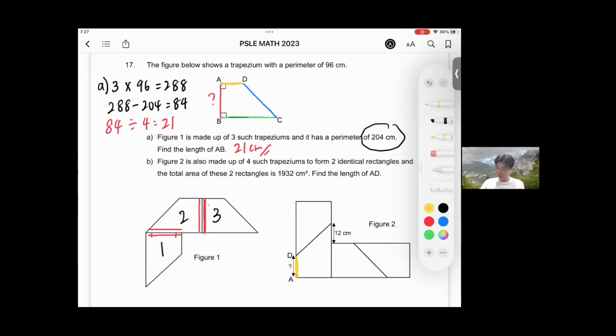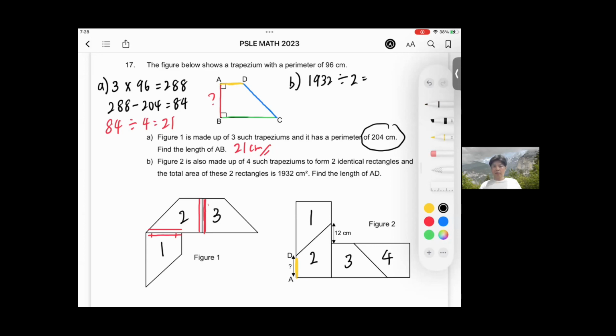Okay, so we have also another AD here. Maybe I should number off the trapeziums again. This is trapezium 1, trapezium 2. Together they form a rectangle. Then we have trapezium 3 and 4. They form another rectangle.